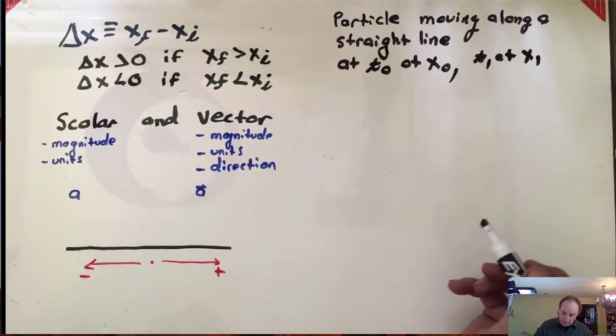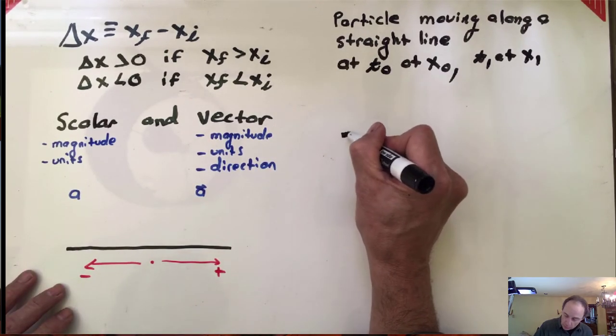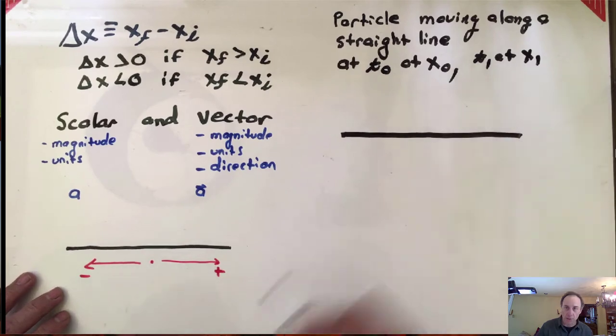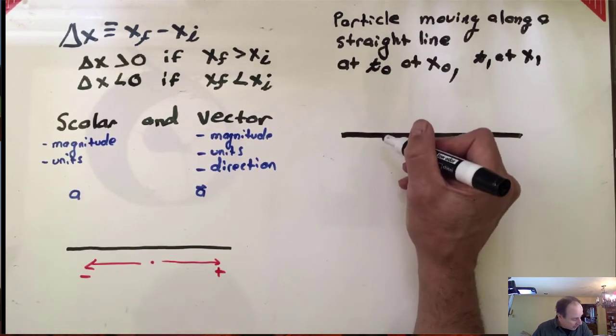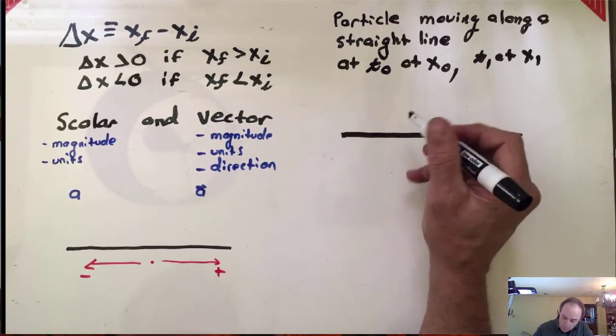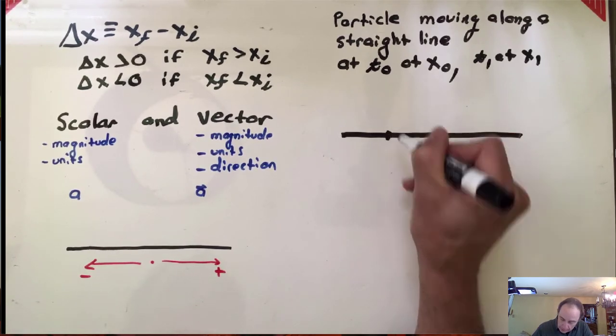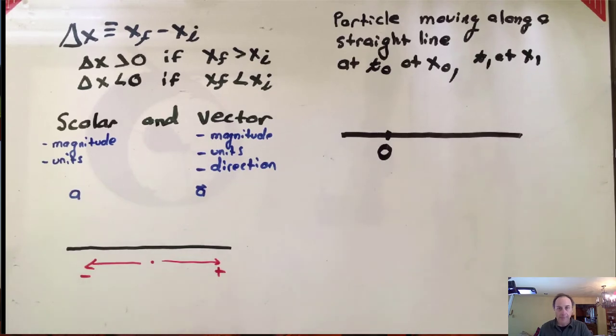All right, so we're going to draw our coordinate system, which in one dimension is just a number line. And we've got 0 here. So we're going to represent these positions with vectors.